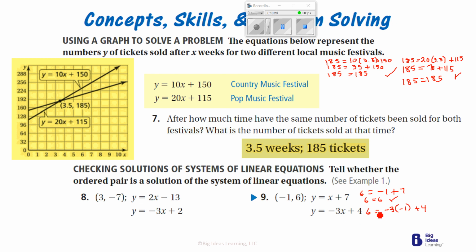Remember, this is going to be 6 equals, we got negative 3 times negative 1. That's going to give us 3. And 3 plus 4, unfortunately, is 7, not 6. So this does not work. So tell whether the ordered pair is a solution? No. Number 9 is not a solution.